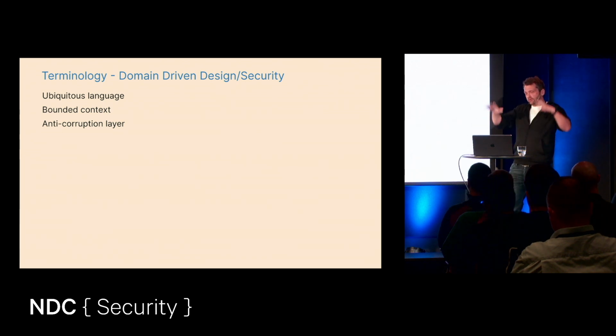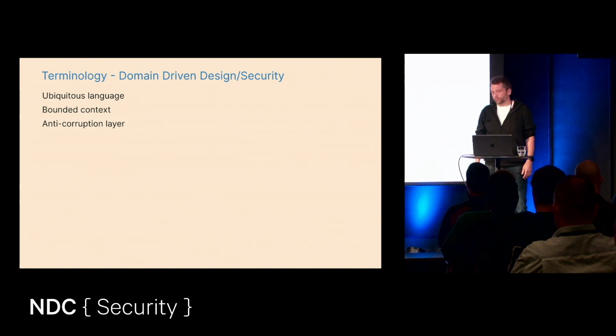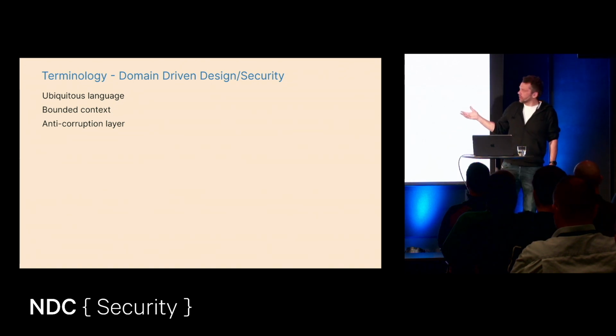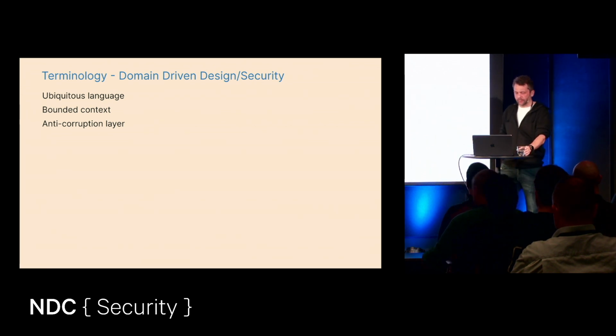We have a bounded context. This is kind of a closed context where this thing is valid, and we can have many bounded contexts. And then we have what we call an anti-corruption layer, which is when we move things in and out of the bounded context, we want to make sure that we don't break stuff and that we interpret things in the right order, kind of like input validation.